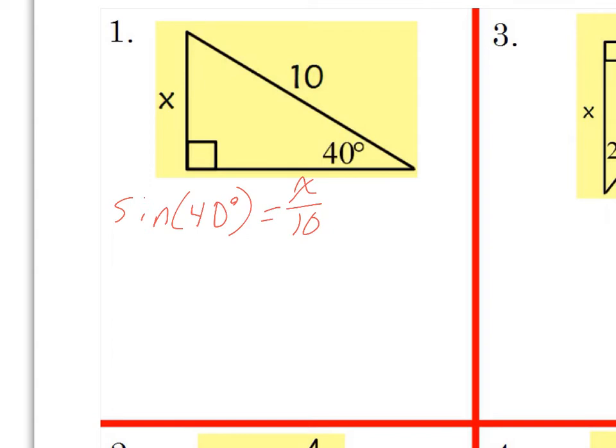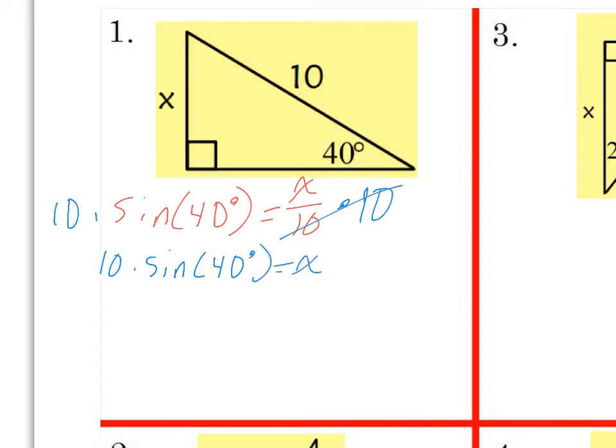So in this one, I'm trying to get x by itself again. x is being divided by 10, so I multiply by 10 to get rid of it. That cancels out, so 10 times the sine of 40 degrees equals x.